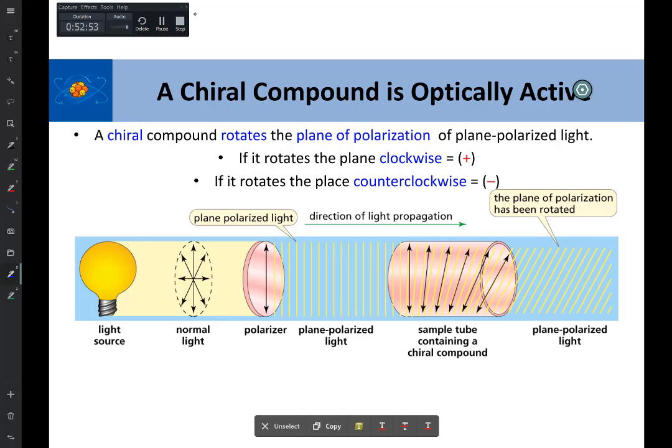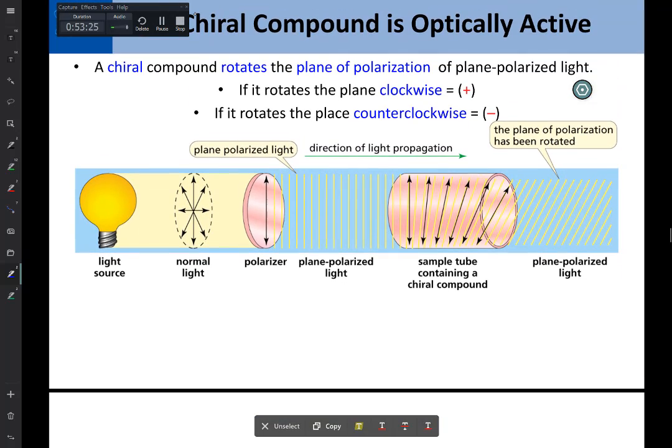If this tube is long enough, in principle, it can rotate it all the way around, 180 degrees for sure, because after 180 it looks the same. So you can't tell if it goes past 180, but you get more rotation of the light the longer this tube is. And so we use a fixed size. It's usually a 1 decimeter tube. A decimeter is 10 centimeters.